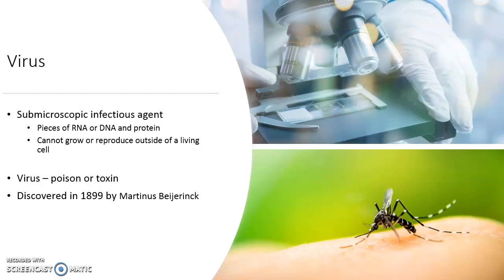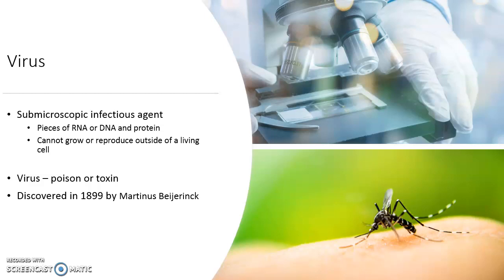Viruses are something that are very complex, and yet they're very simple. They're simple because they're only RNA or DNA and protein, but they're complex because we can't see them, and they are able to mutate pretty quickly because they insert themselves into a cell.